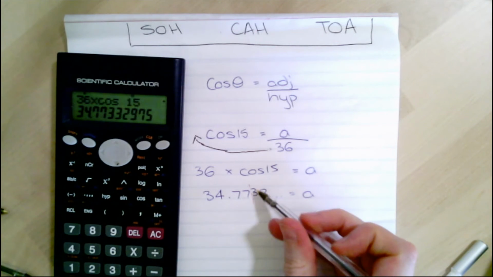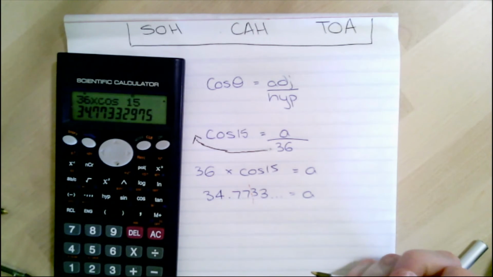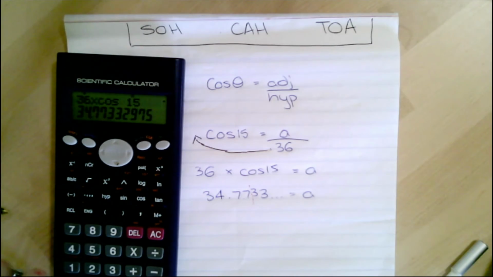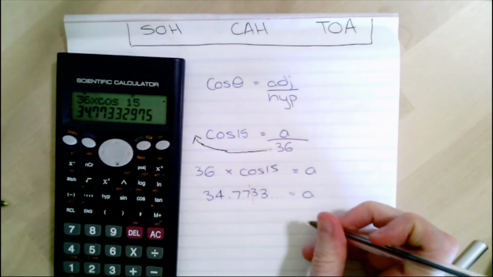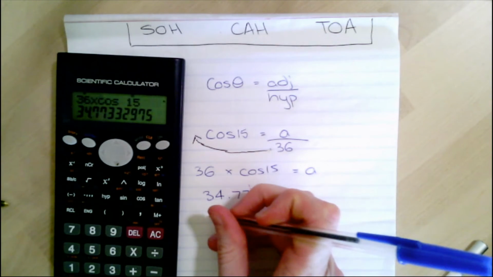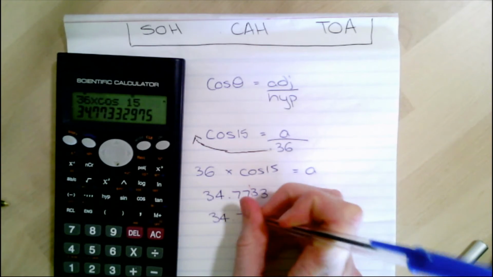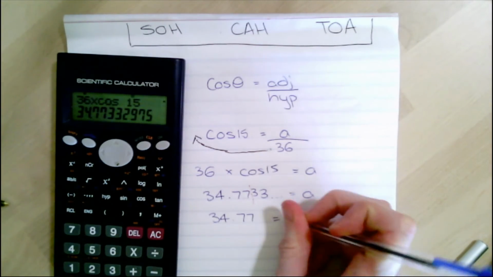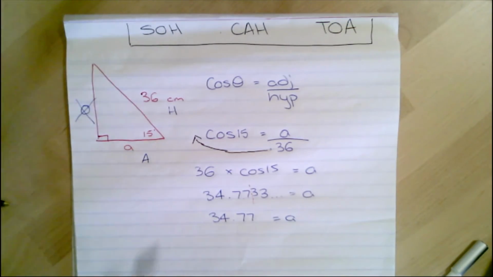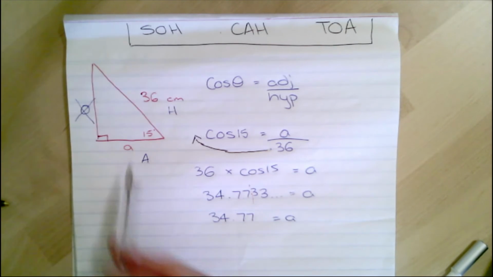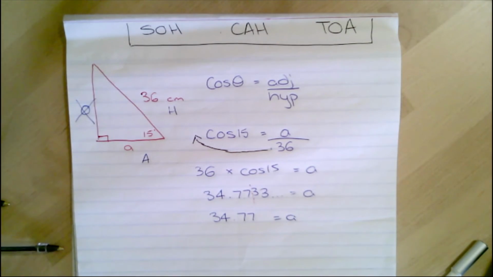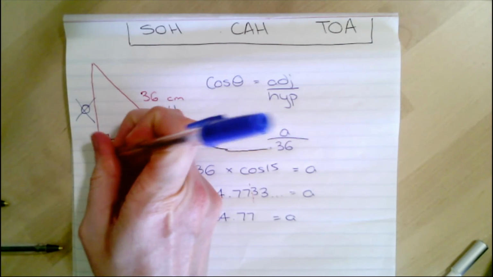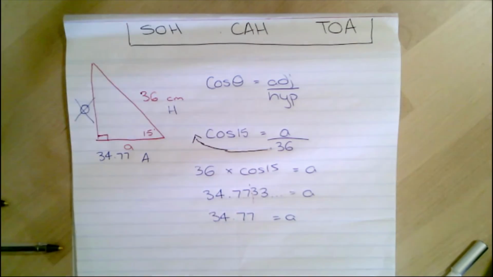Now, does my 3 here round up or down? It rounds down. So if I was calculating A to 2 decimal places, this will just stay as 34.77 is equal to A. So that is how long this particular side is. So that side is equal to 34.77.